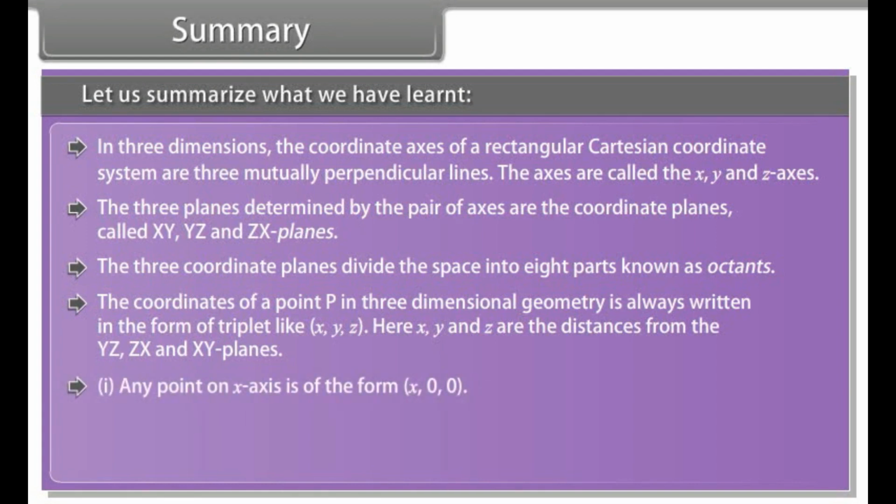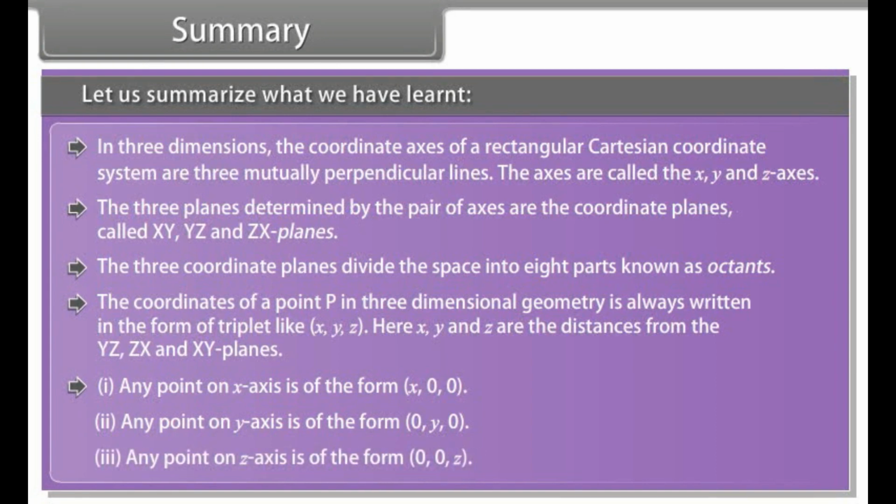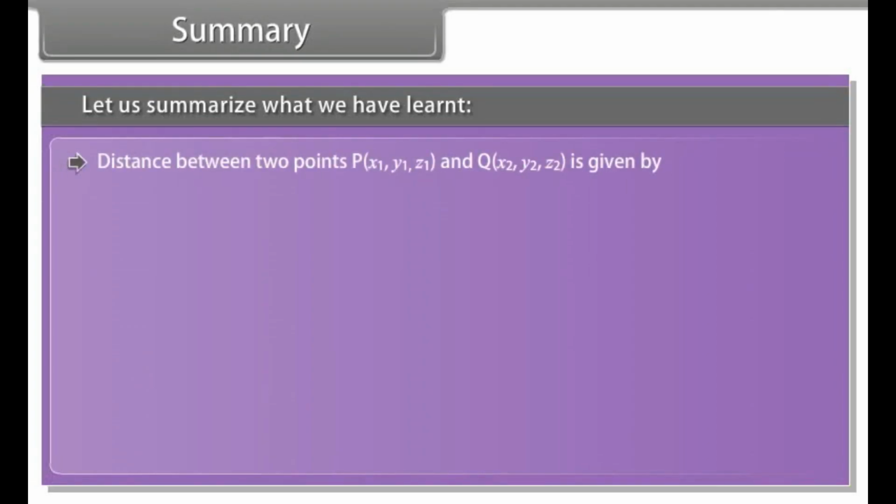Any point on the x-axis is of the form (x, 0, 0). Any point on the y-axis is of the form (0, y, 0). Any point on the z-axis is of the form (0, 0, z). The distance between two points P (x1, y1, z1) and Q (x2, y2, z2) is given by a formula.